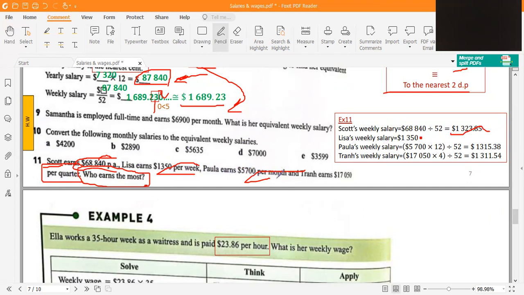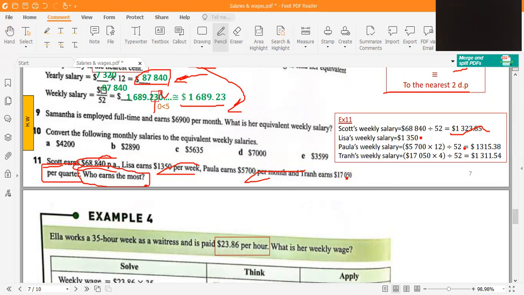Paula, per month: we first calculate the yearly salary by multiplying the monthly salary by 12, and then divide by 52 to obtain the weekly salary. Finally for Tran, we multiply by 4 and divide by 52 to obtain the weekly salary.